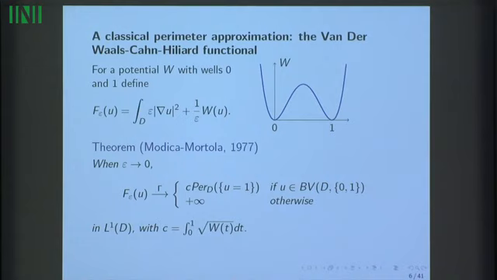So the Modica-Mortola theorem says that when epsilon goes to 0, this functional gamma converges to this. So what is this? This is the relative perimeter of the set where U equals 1, if U takes values 0 or 1 and U is BV, and plus infinity otherwise, up to some constant which is expressed like this.